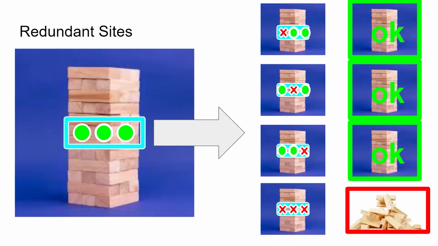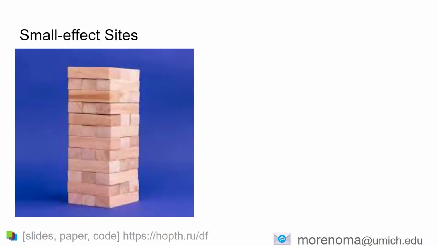But these blocks nonetheless are contributing to the structure of the tower, because if you take out all three, you see a catastrophic effect. So that's the first mechanism through which sites might manifest as cryptic.